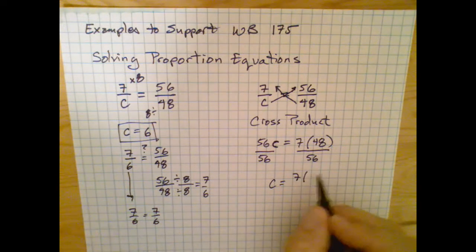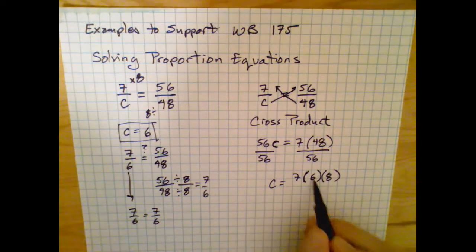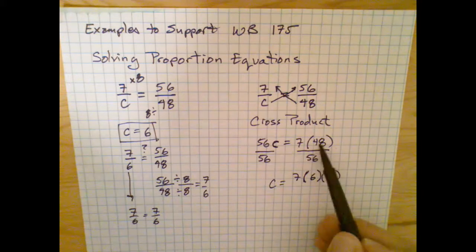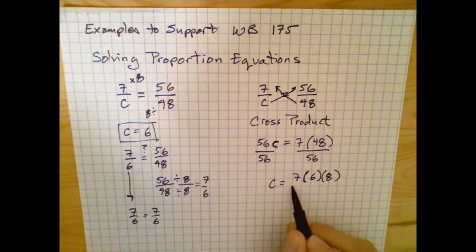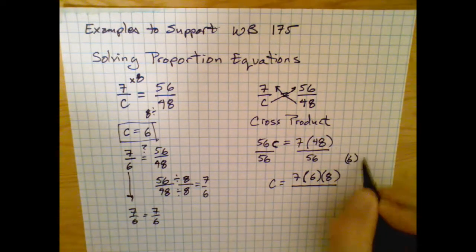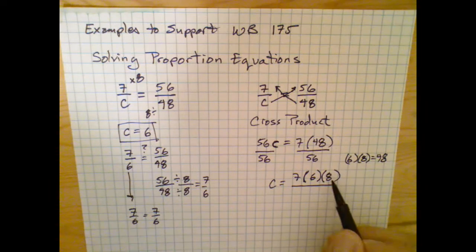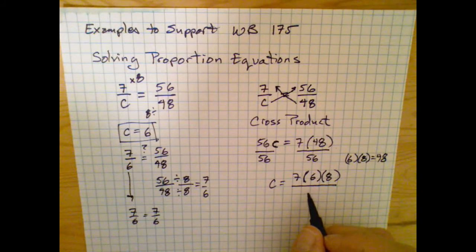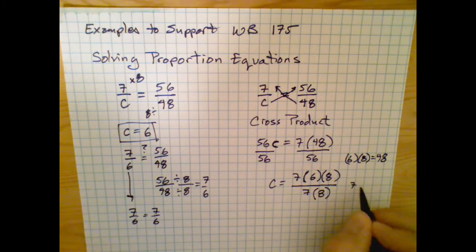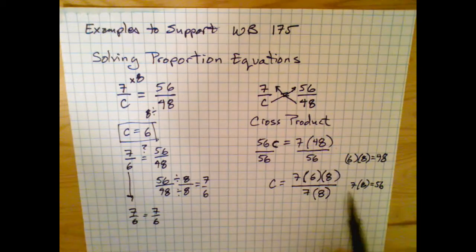I can write 48 as 6 times 8, so I'm swapping out 48 with 6 times 8. 56 is the same thing as 7 times 8, so wherever there was a 56, I'm going to replace it with 7 times 8.